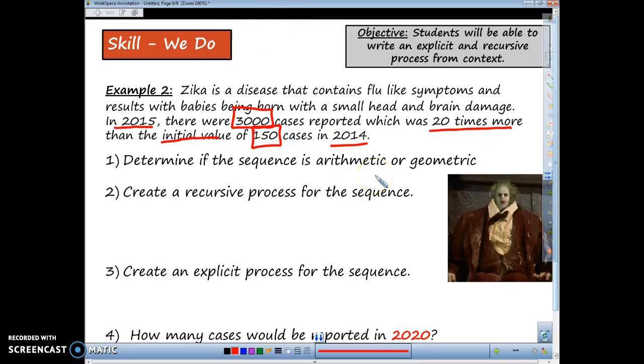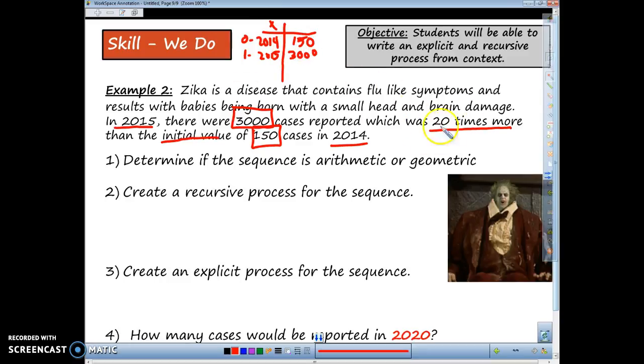So in this problem, this one's kind of tricky. What we want to do is make a table. I'm going to say this is x, this is going to represent our years, and the initial value is 2014. So this is essentially our 0th term, and there were 150 cases present there. After 1 year, in 2015, there were 3,000 cases.